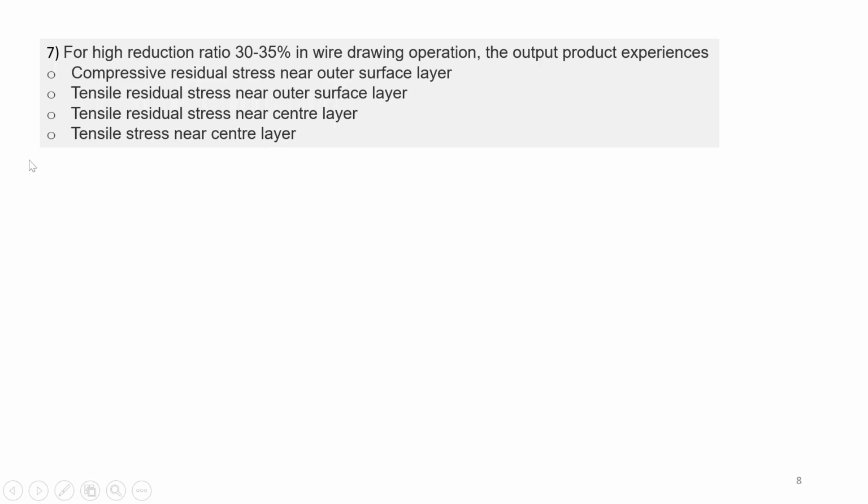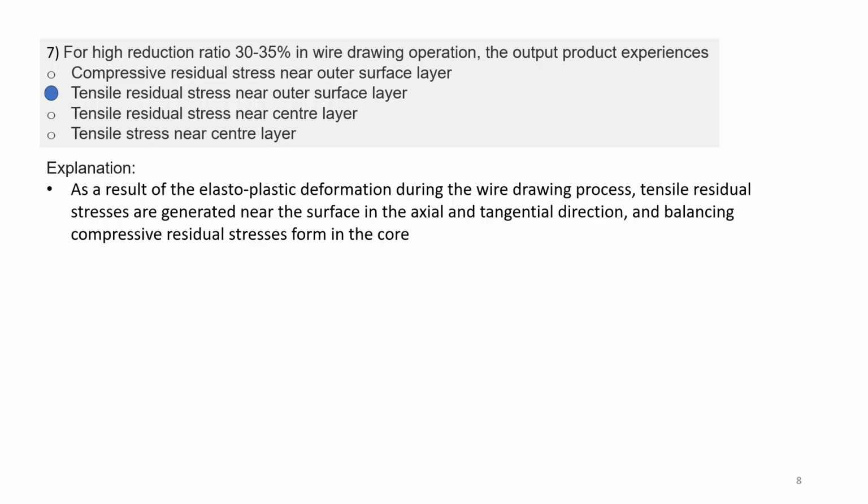So the answer will be the second one. As a result of elastoplastic deformation during the wire drawing operation, the tensile residual stresses are generated near the surface in the axial and tangential direction, and balancing compressive residual stresses form in the core.